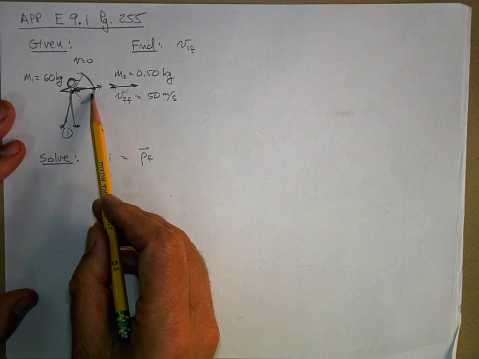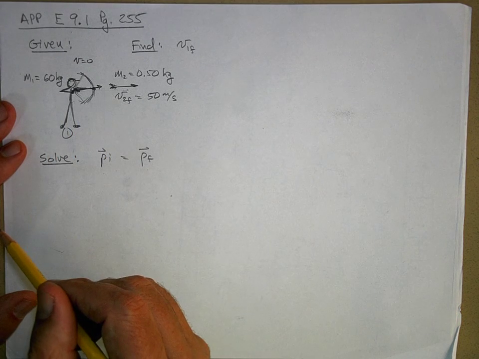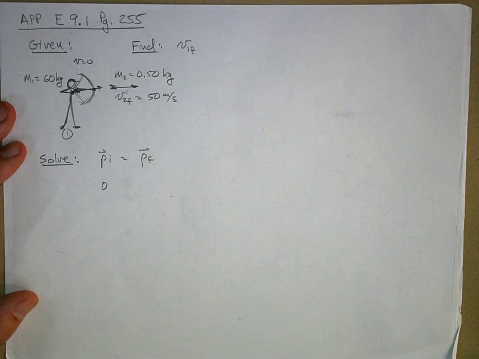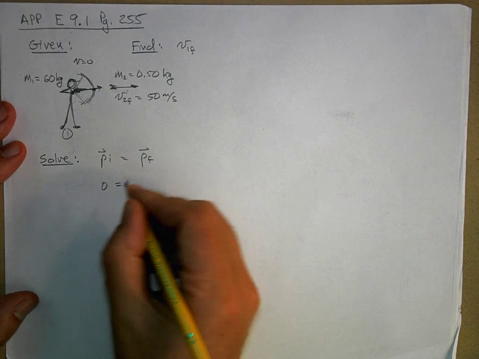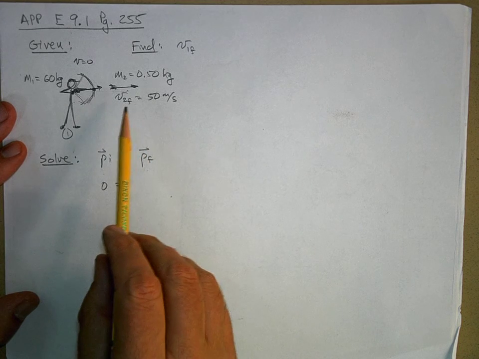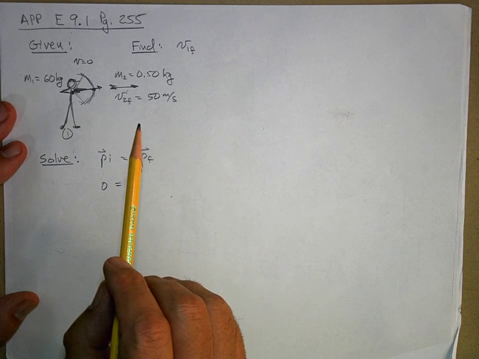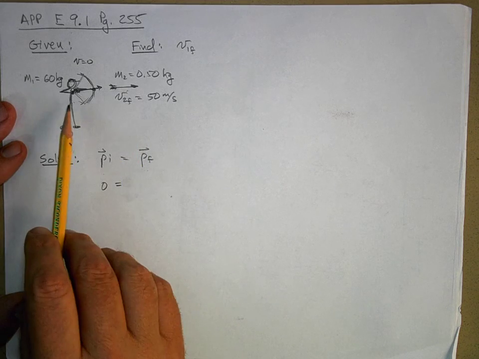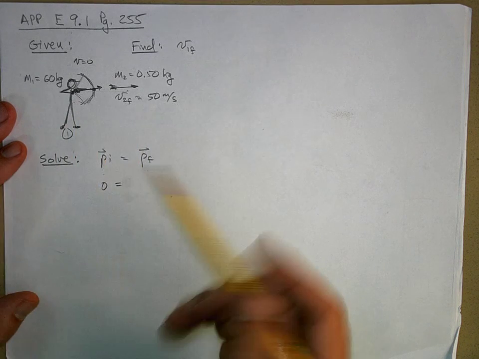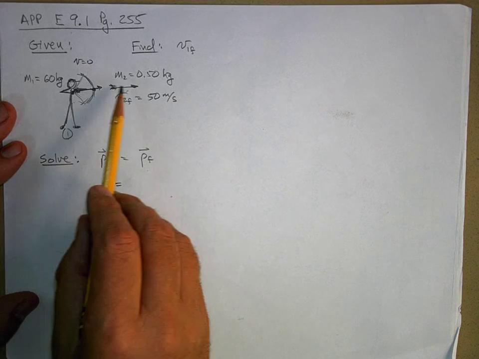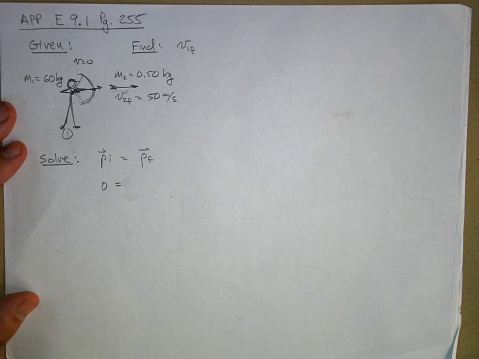Well, the arrow's not moving, the archer's not moving, nothing's moving. So I have zero momentum. You say, but wait, the arrow has momentum afterwards. Yes, but remember, momentum is a vector quantity, so the momentum of the archer is going to cancel it out. I decided to call the archer object 1 and the arrow object 2.